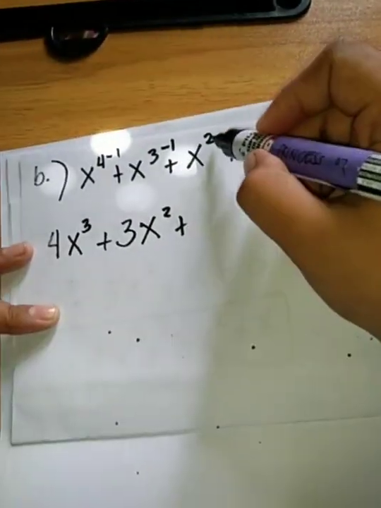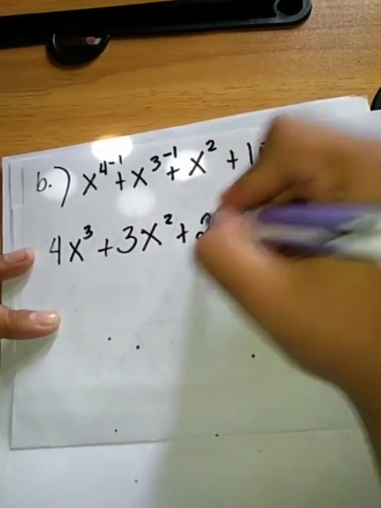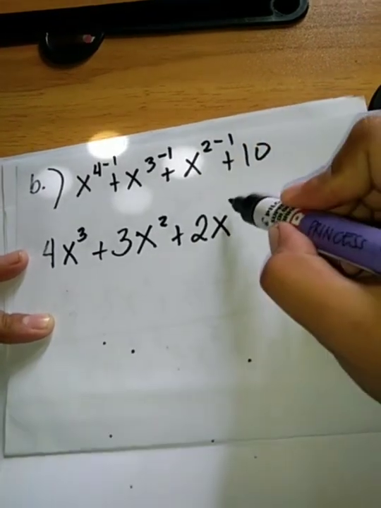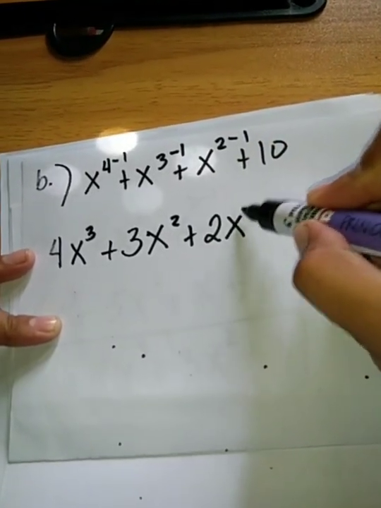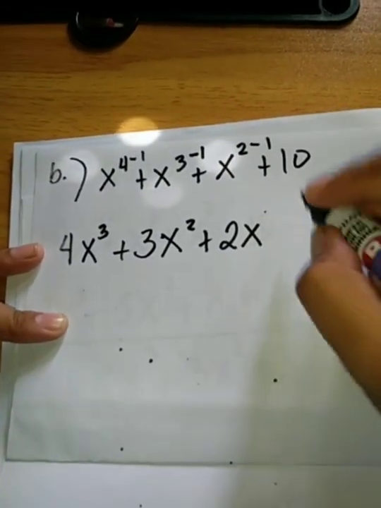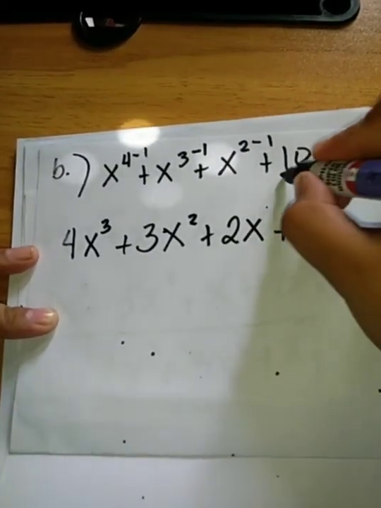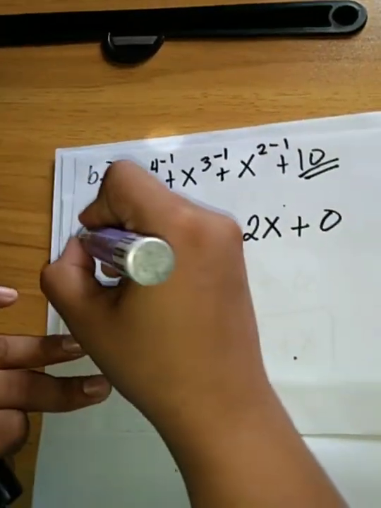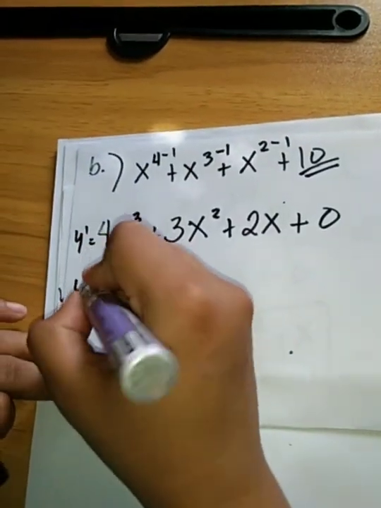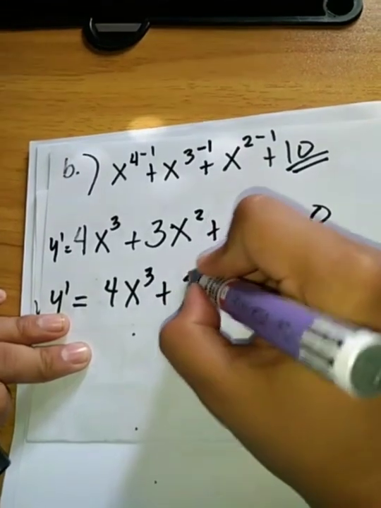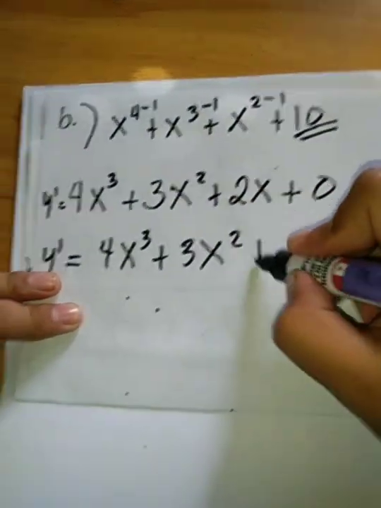Plus x squared, we put the 2 first and then x, and then 2 minus 1 equals 1, and we will not apply 1 here because it is already given. Plus, since this is a constant number, it is going to be 0. So the final answer for this equation is 4x cubed plus 3x squared plus 2x.